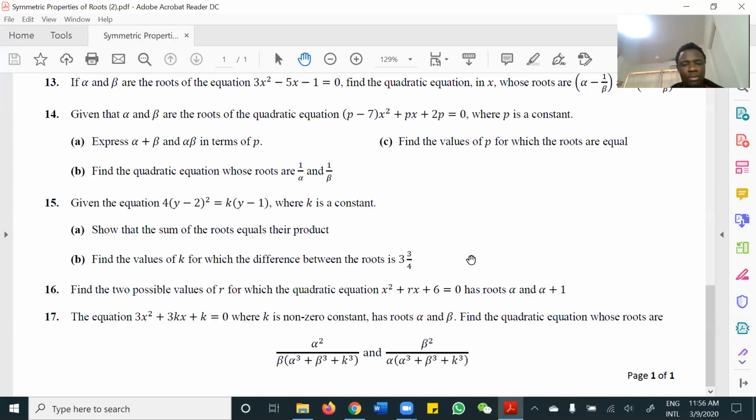Okay, understood everyone? Got it? Practice 16. Find the two possible values of R for which the quadratic equation has roots this. So everybody open your worksheet and practice 16. I'll go back to the board and leave my solution on the board.